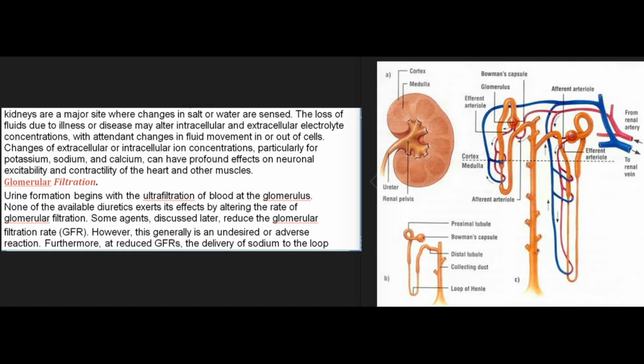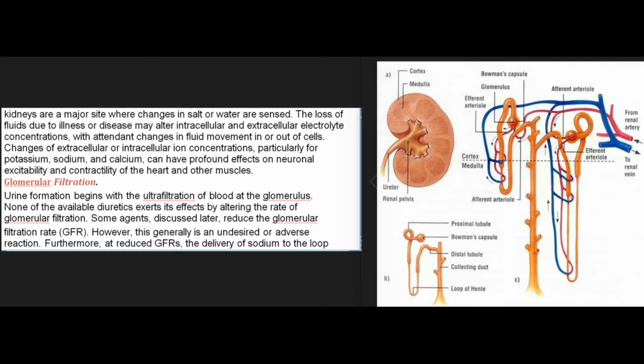The loss of fluids due to illness or disease may alter intracellular and extracellular electrolyte concentrations, with attendant changes in fluid movement in or out of cells. Changes of extracellular or intracellular ion concentrations, particularly for potassium, sodium, and calcium, can have profound effects on neuronal excitability and contractility of the heart and other muscles.